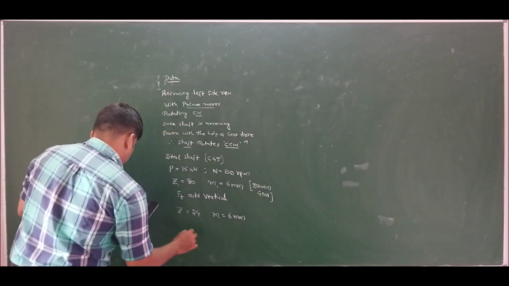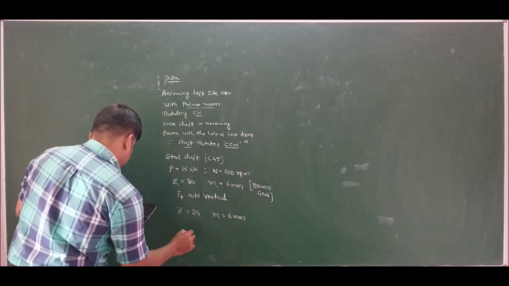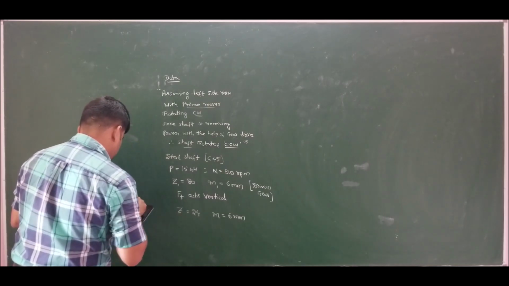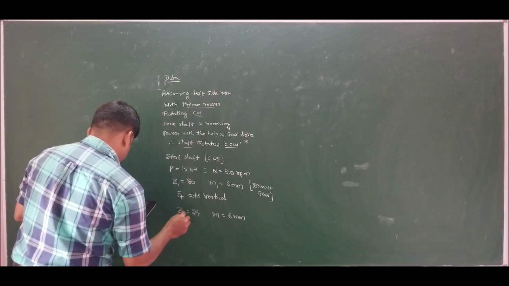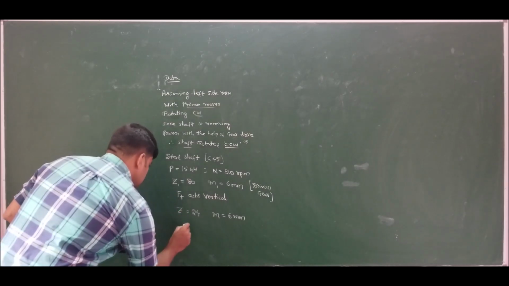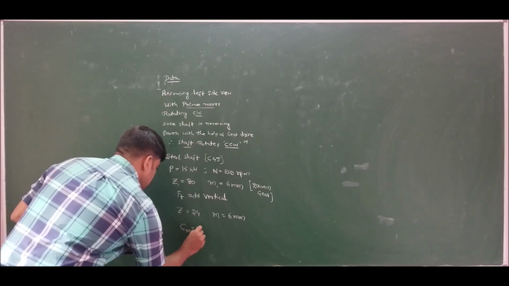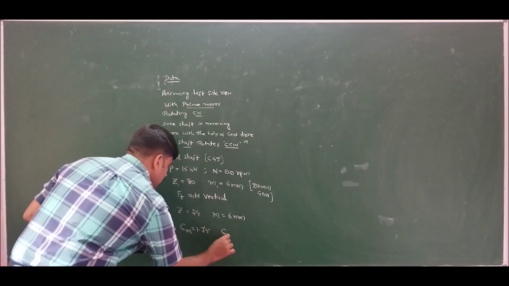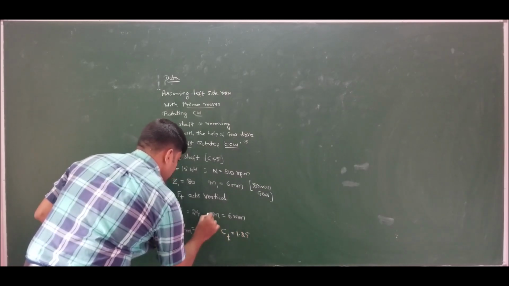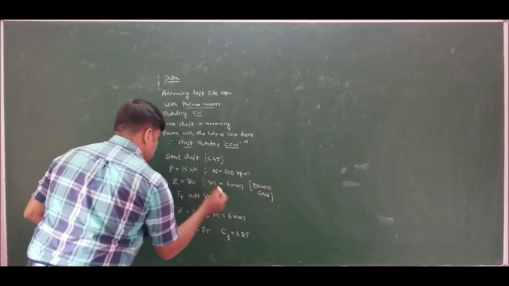Take the combined shock and fatigue factors as 1.75 in bending and 1.25 in torsion, and determine the diameter of the shaft. That is, Cm is 1.75 and Ct is 1.25. So this is the data given for us.